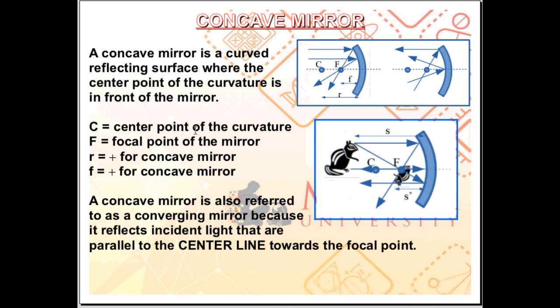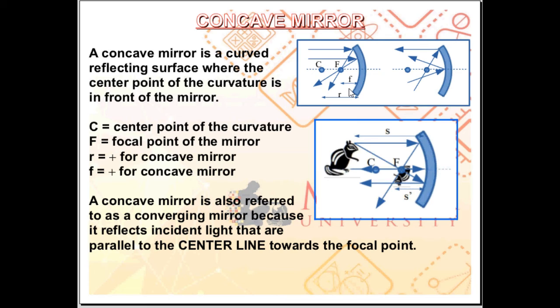Speaking of the concave mirror, sometimes referred to as the converging mirror, the concave mirror is a curved reflecting surface where the center point of the curvature is here in front of the mirror.